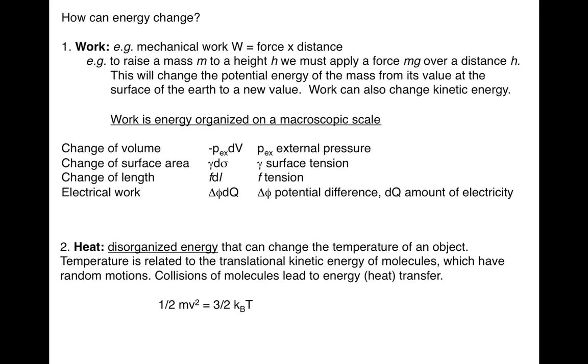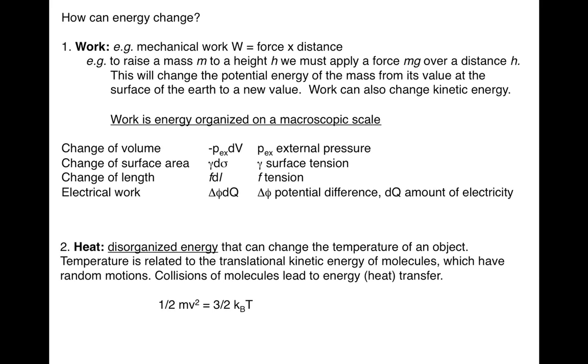You can raise a mass to some height, you have to apply a force to do that. That's going to counteract gravity, so it's mass times the gravitational acceleration over some distance. That's going to change the potential energy of the mass from its value at the surface of the Earth to a new value. Okay, and work can also change the kinetic energy. You can impart movement to a particle or an object. So again, work is energy that's organized on a macroscopic scale to do something.